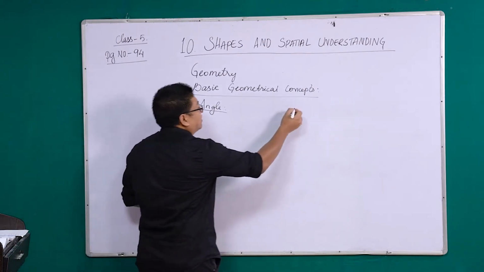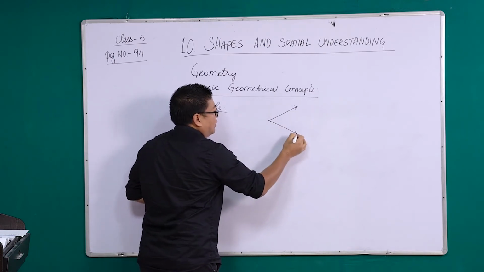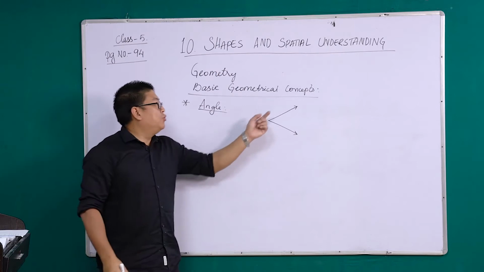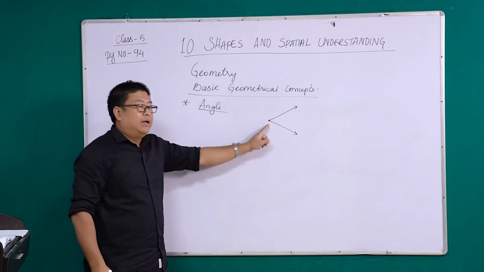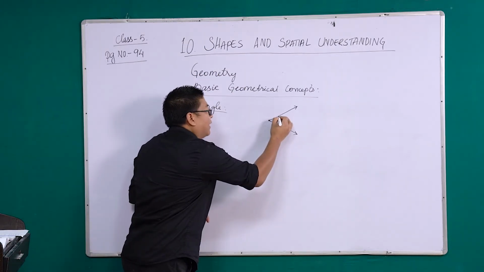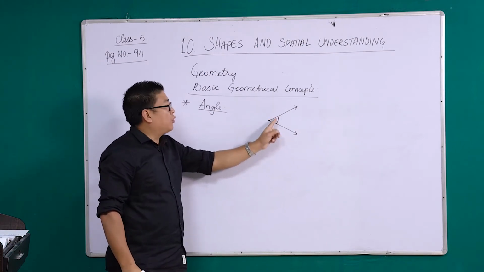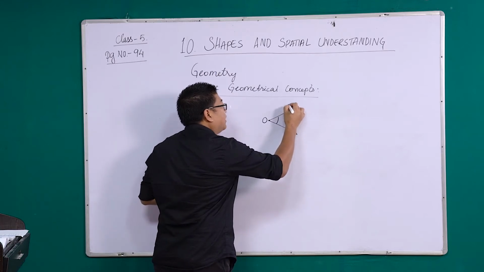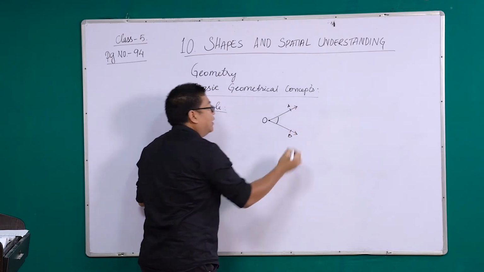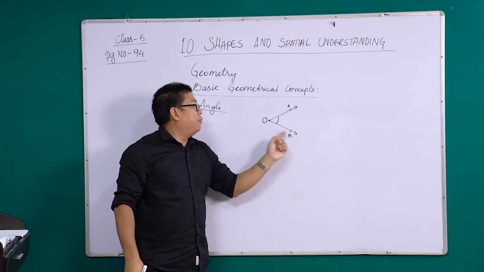Angle is formed by two rays. When two rays have a single common endpoint, they form an angle. So the corner that is formed is called your angle. For example, let this be O. If I put A here and B here, then this angle AOB is formed.